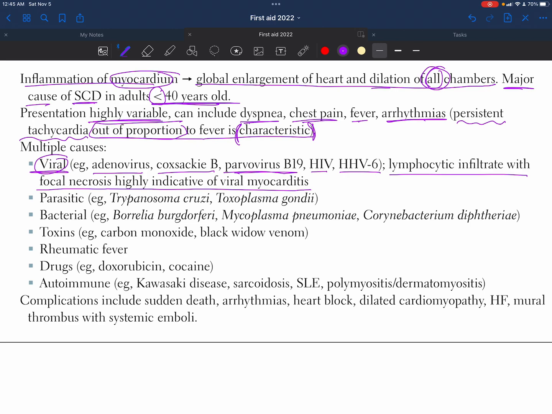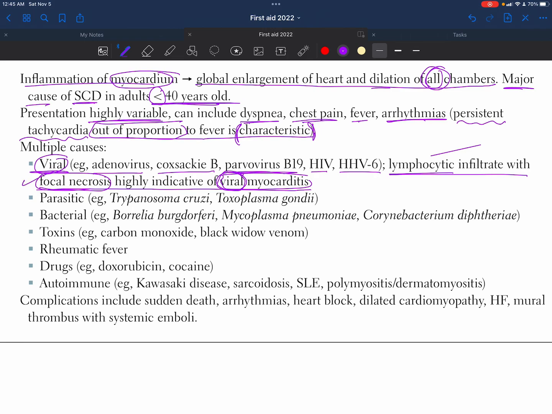So if we see lymphocytic infiltration with focal necrosis, that gives a high indication that the etiology is actually viral.